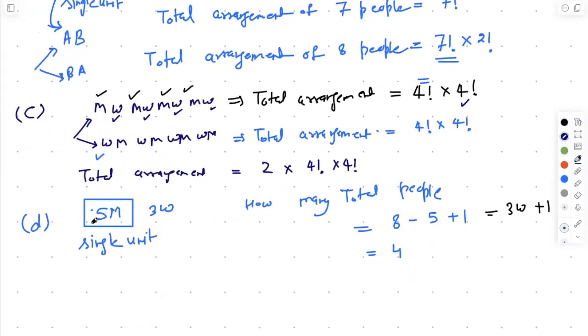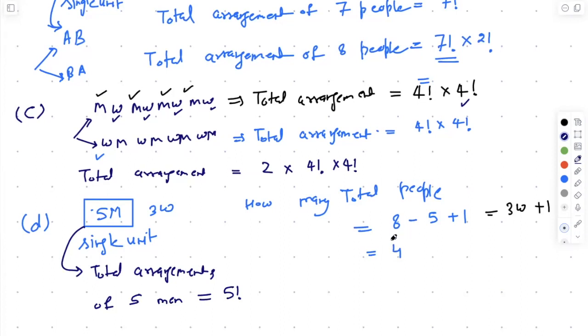Because 5 men are there, they can arrange their sitting arrangement. So the total arrangements of the 5 men together is going to be 5 factorial.